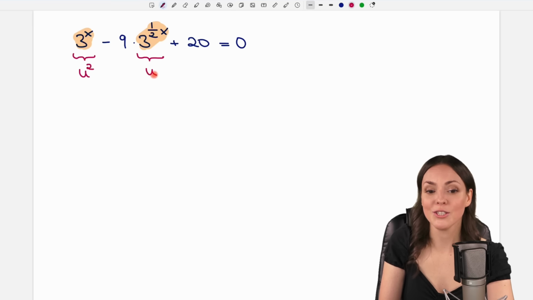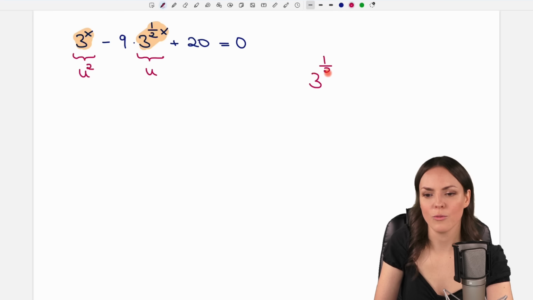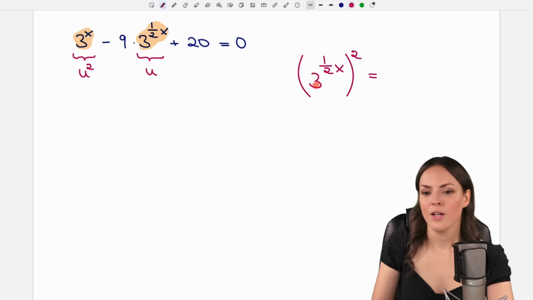So just take your U expression. So let's do it here. We have 3 to the power of 1 over 2x. And if we square it now, we want to get this as a result so that we know that this works out here. So let's take this, let's square it and see what we get. We can take the base, the 3, and just multiply the exponents.